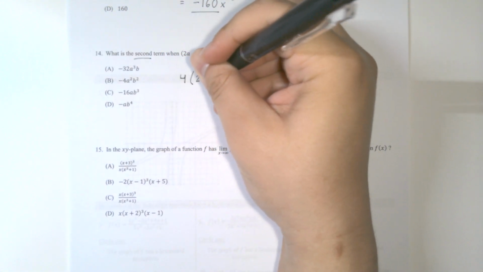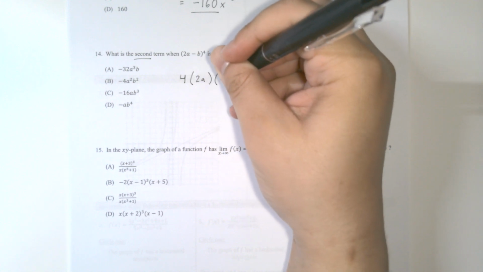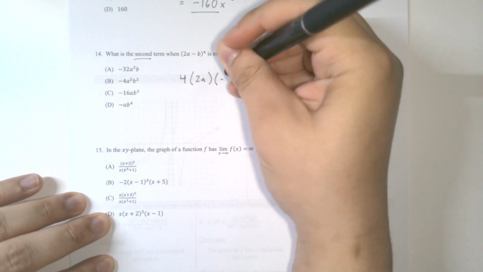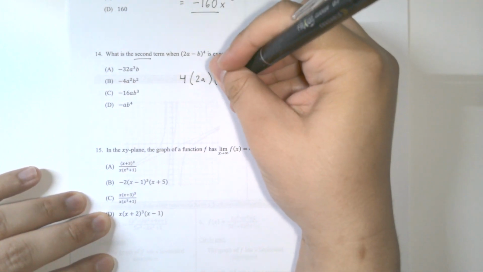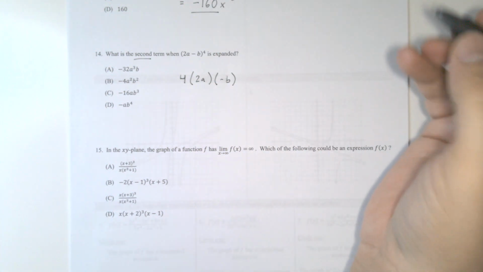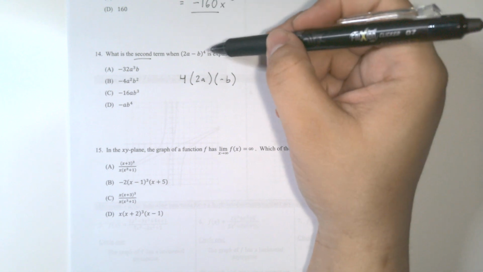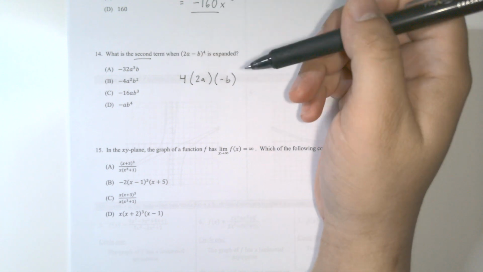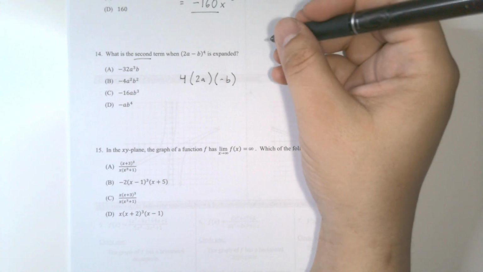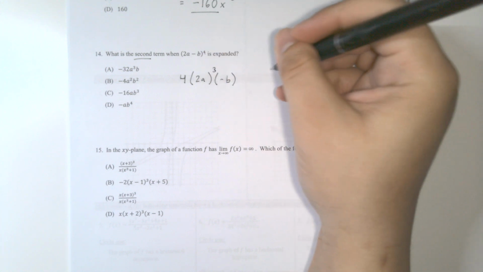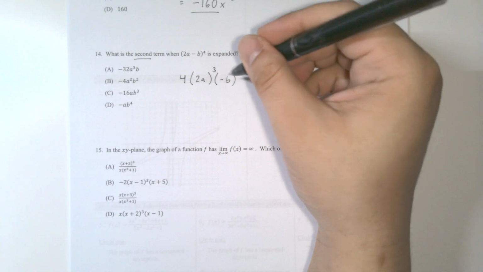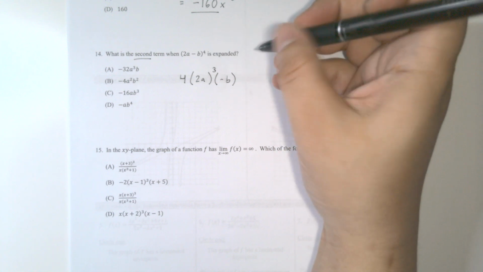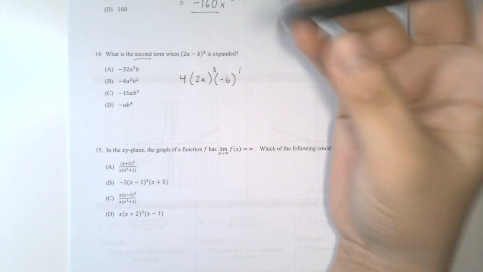Then we have 2a and negative b. I know that looks a lot like a 6. Hold on, let me fix that. B. And since we're trying to find the second term, we have 4 minus 2, which is 2. And then this is going to be a 3. And then that means that this has to be a 1, but really we don't need to write that.